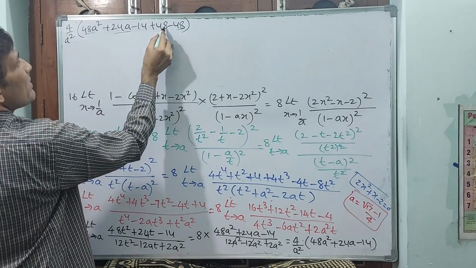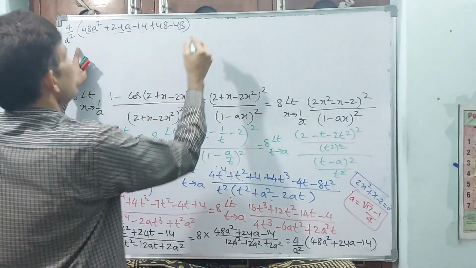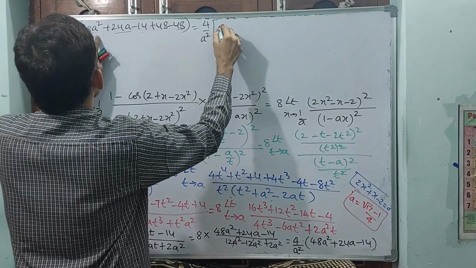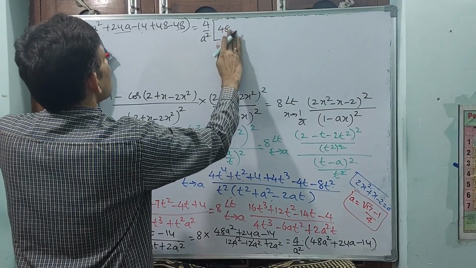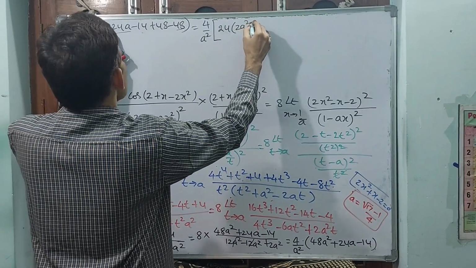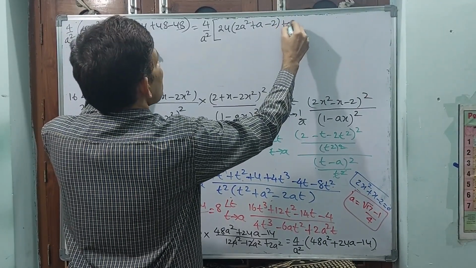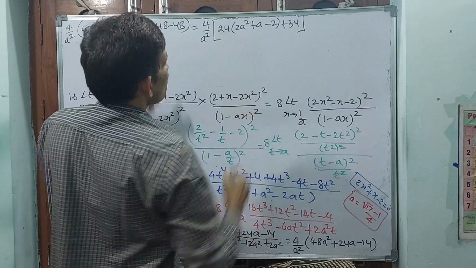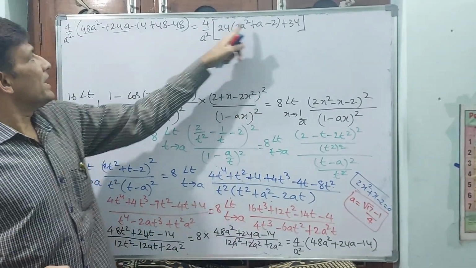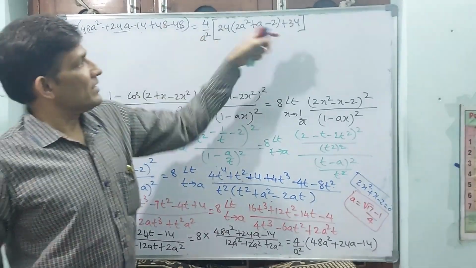Remaining 48 minus 14 means 34 is left. So 4 by a square into 24 common: 2a square plus a minus 2 plus 34. Is it okay? Because 48a square, 24a minus 48, and 48 minus 14 is 34.